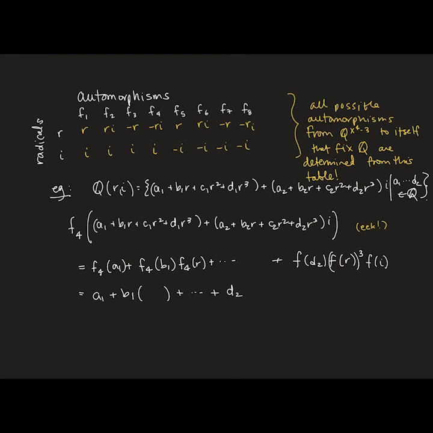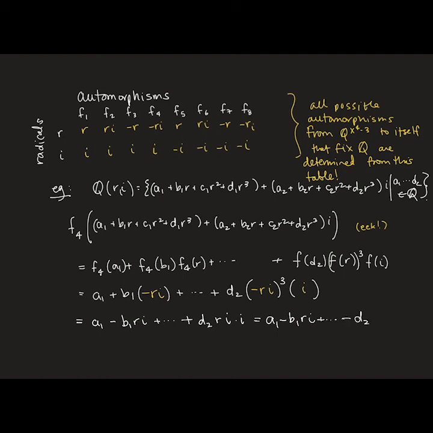And to figure out what happens to R and what happens to I, we just look in our table, right? So F4 of R is negative Ri, and F4 of I is I. And so we fill those in and we simplify and we collect like terms, and we see that we get an element back in Q adjoin R and I.